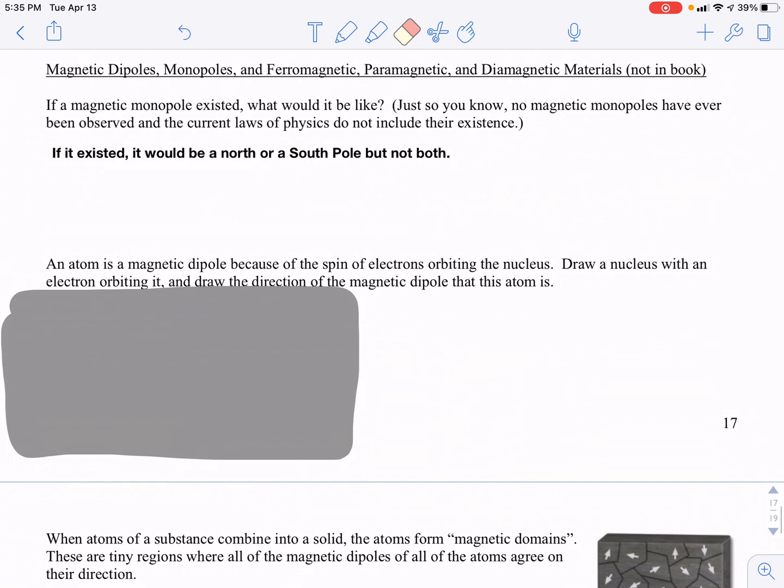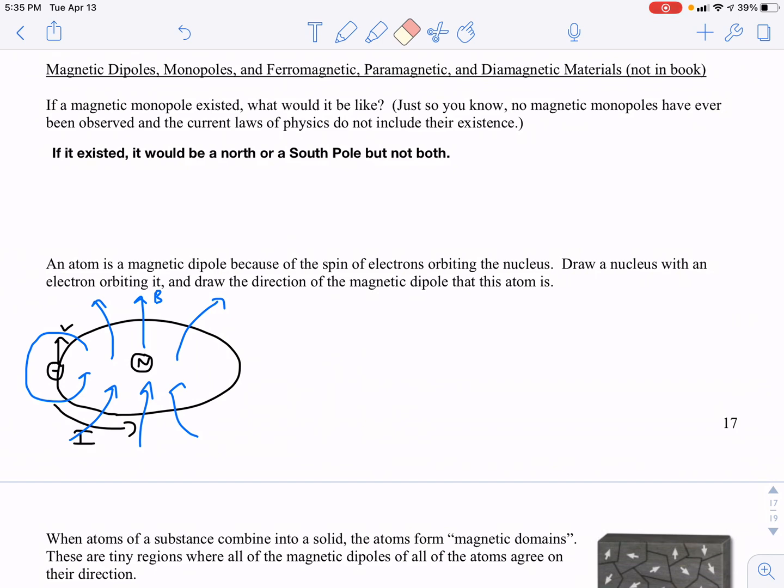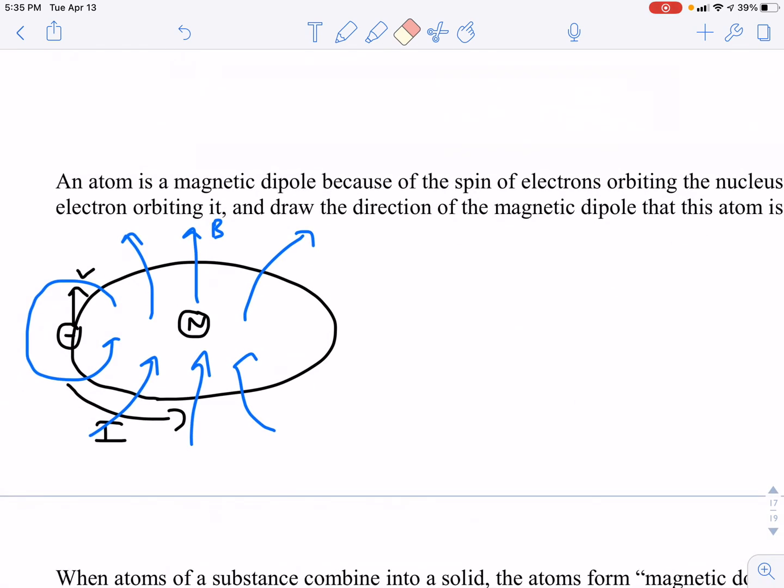If an atom is a magnetic dipole because of the spin of electrons in its orbit, draw a nucleus with an electron orbiting it and draw the direction of the magnetic field. Well, essentially, the orbiting electron is a flow of charge, and electric current creates magnetic fields.